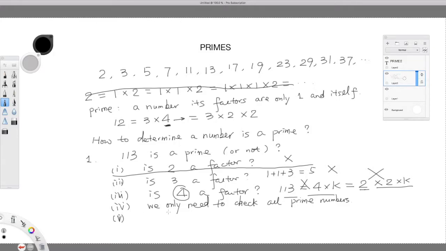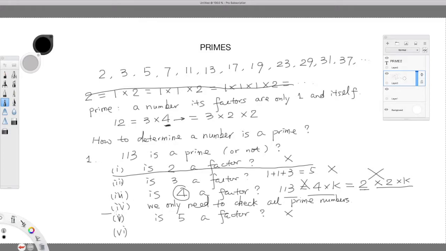Okay, the fifth one. Is 5 a factor? Well, this is very easy. For a number to be a multiple of 5, the last digit has to be a multiple of 5. So this is not. All right?